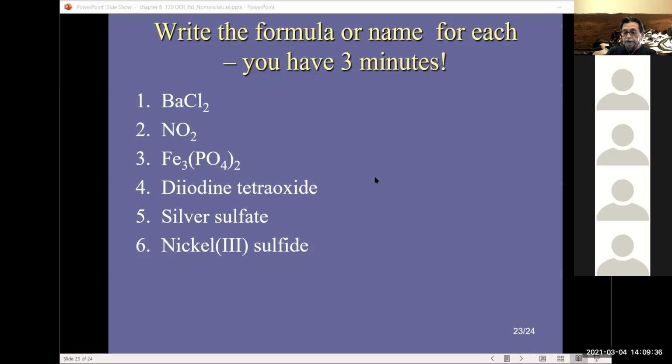And you'll find that to be SO4 2-. Okay, what do we know about silver? Silver is a metal, sulfate is a non-metal, so we have an ionic compound here. We don't have to worry about Roman numerals because silver is part of the 16. So what would be the formula for number 5?